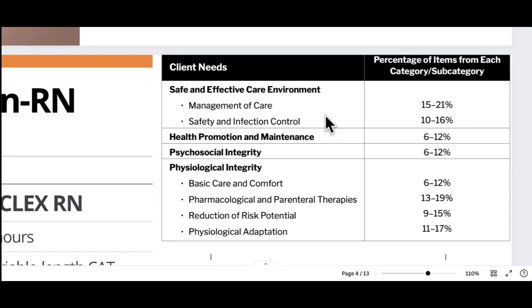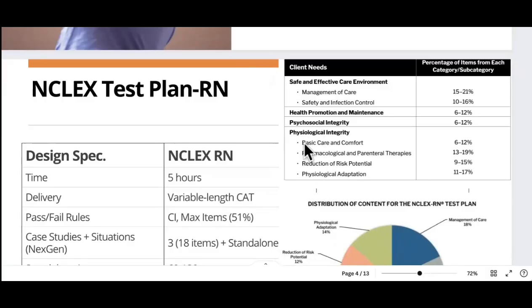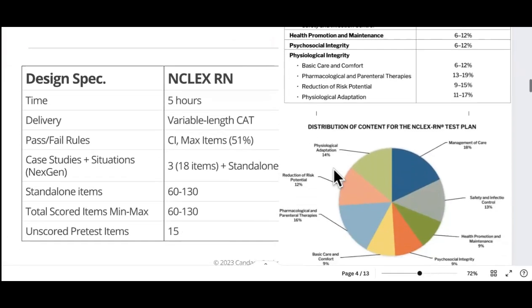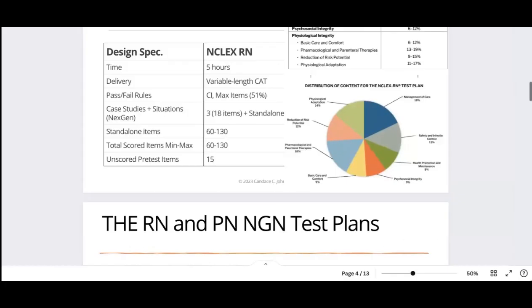And I think that's because a lot of the questions that fall under management of care, you might also see in pharmacological and parenteral therapies or reduction of risk potential or even physiologic adaptation, because it's really about those priority questions, the questions that have the bold lettering priority in them, and also those questions that have the word first in them. All right. So the first and priority questions fall under management of care and those other physiologic integrity style questions. So that's why this is such an important category for us to spend our time working on.